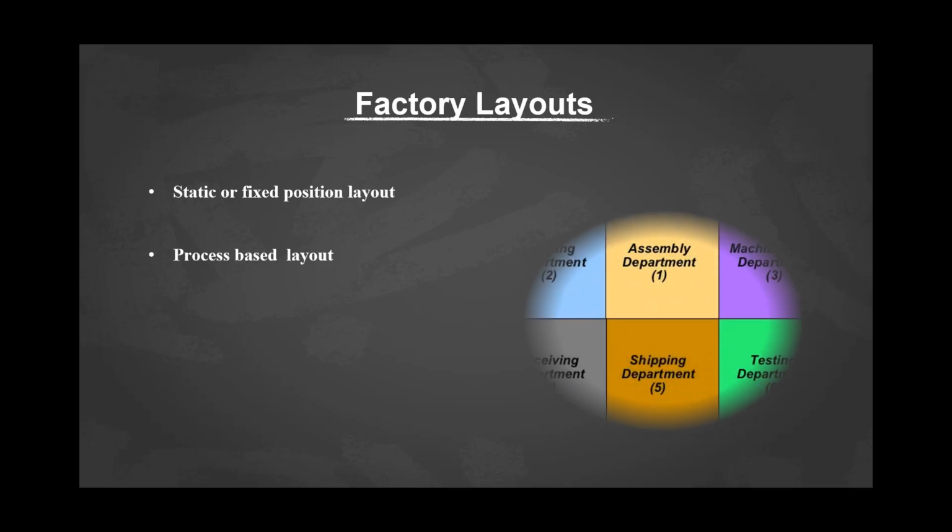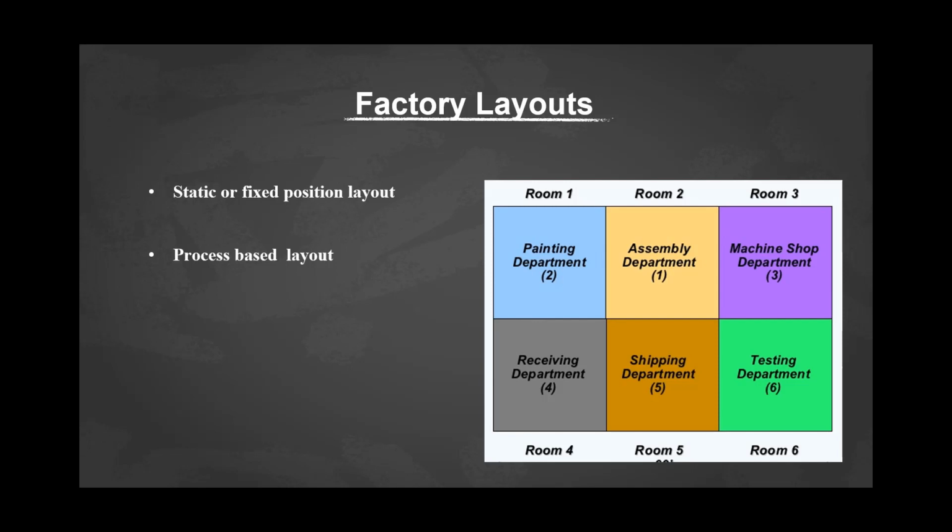Next we have process layout. Process layouts are found primarily in firms that produce customized low volume products that may require different processing requirements and sequences of operations. Process layouts are facility configurations in which operations of similar nature or functions are grouped together.